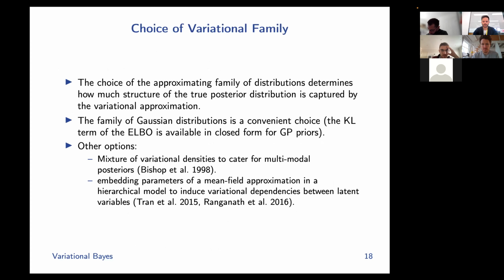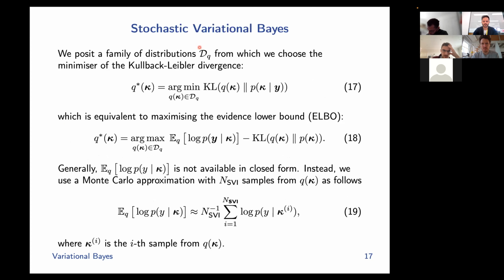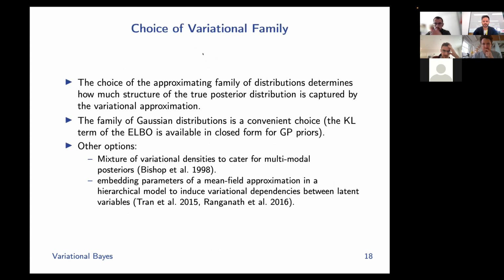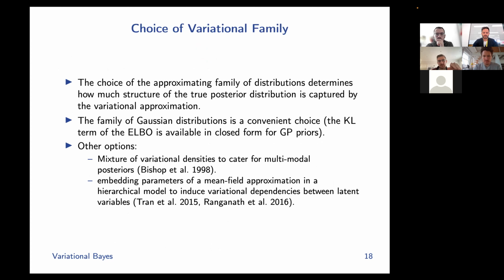As you can imagine, everything depends on the choice of the variational family, this curly Q, as that gives us flexibility. So we want to choose something that is flexible enough, but also computationally tractable.